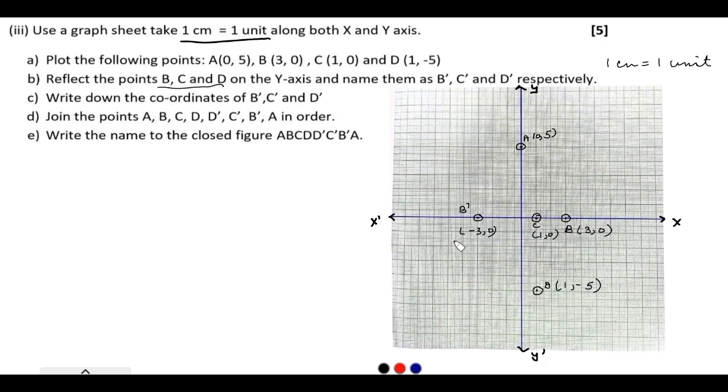If we are looking at reflection with regard to the y axis, then the x coordinate will change, the y coordinate will remain the same. Now C will be reflected on C dash and the coordinates of C dash are (minus 1, 0). D will be reflected on D dash, coordinates of D dash are (minus 1, minus 5).